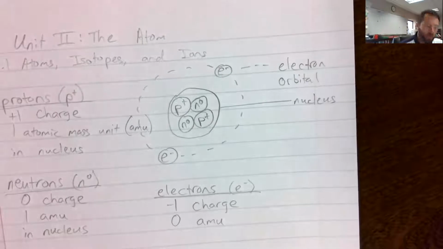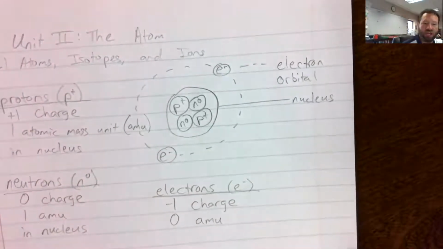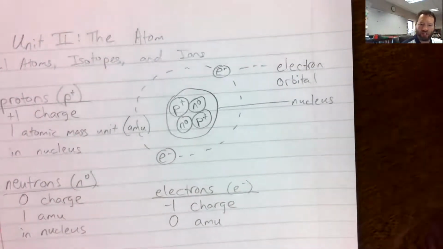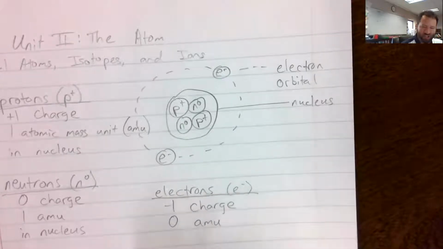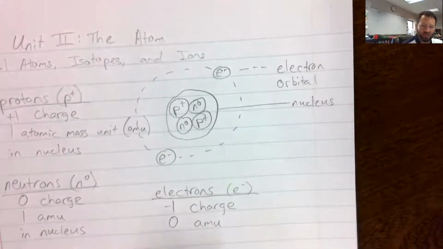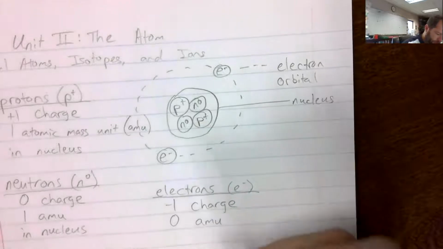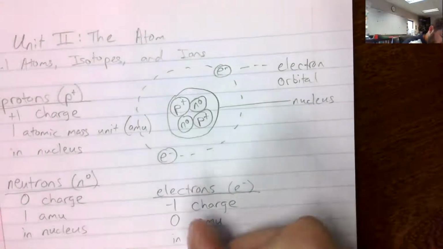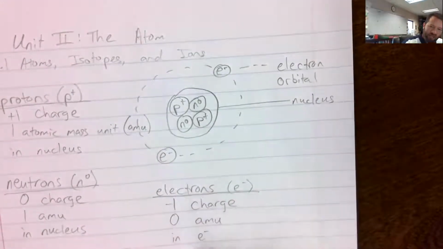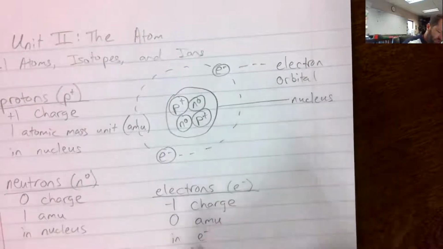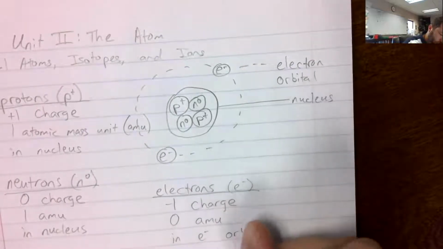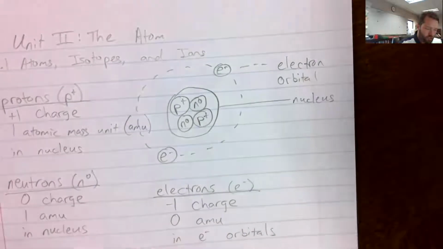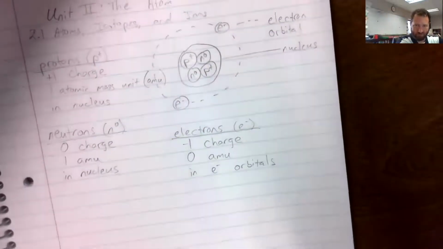It's just much, much smaller than the mass of a proton or a neutron. So for chemistry, we're going to say that it is 0 mass. And these guys are found in electron orbitals, which we'll spend a whole chapter talking about in a couple of weeks.